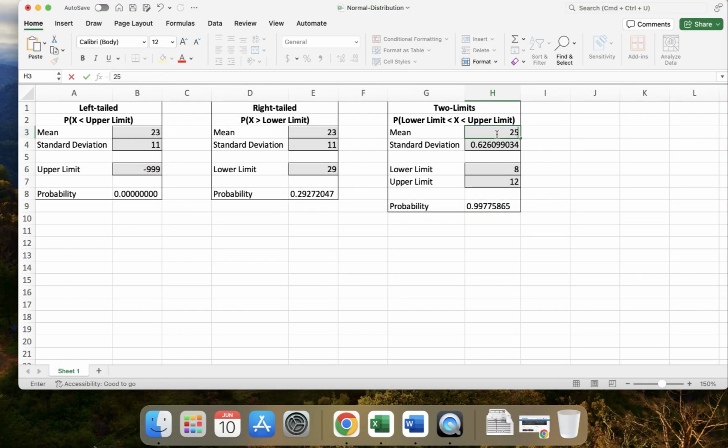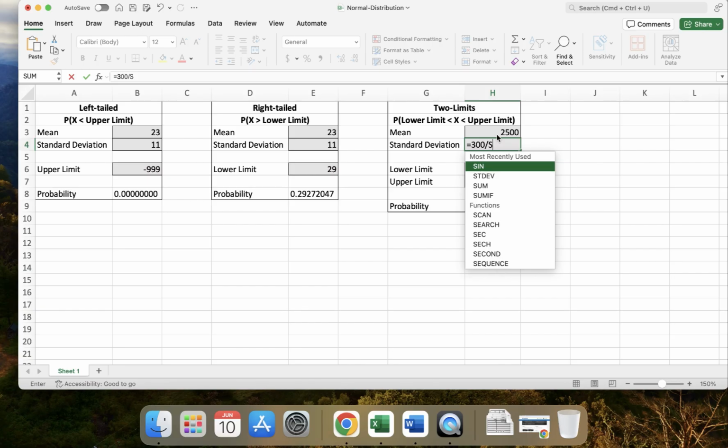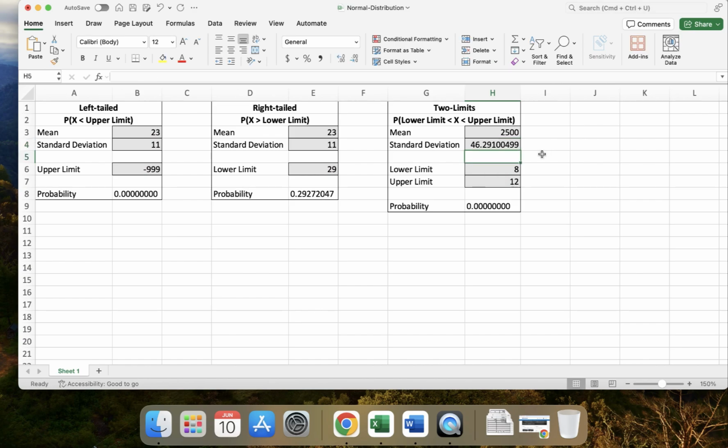So here, typing in 2500, and I'm going to do the formula in here just so it's as exact as possible. One thing that you want to try to avoid is rounding before the final answer. And if you type in this formula here, equals 300 / SQRT left parenthesis 42 right parenthesis, it'll keep as many digits as it possibly can.